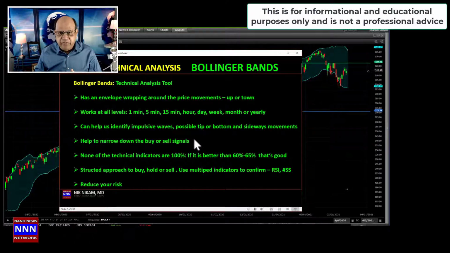Especially when we enter the market, we are under the assumption the prices are going to go up. But our assumptions could be wrong 50% of the time. That means if we are wrong 50% of the time, none of the indicators are going to help.